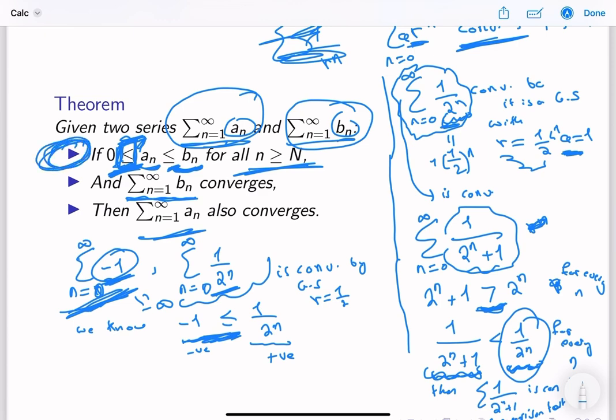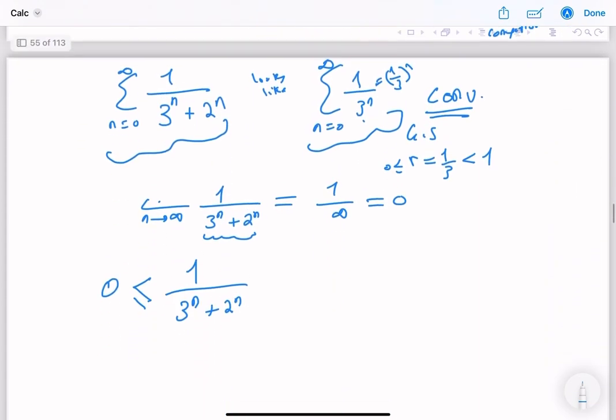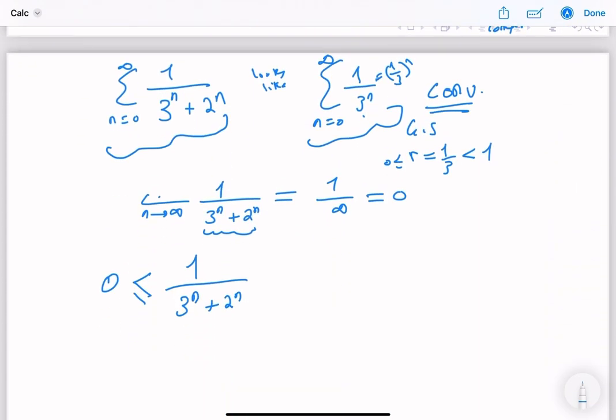It has to be that they're bigger than 0, and we have this inequality: b_n should be bigger than a_n, and the sum of the b_n's converges, to get that the sum of the a_n's converges. So in this case, this is first of all non-negative, and second, it's less than 1 over 3 to the n. Let me show you why this is the case.